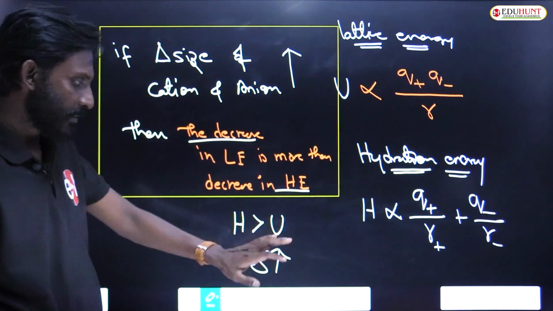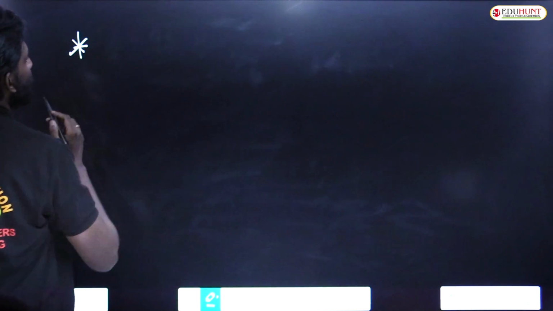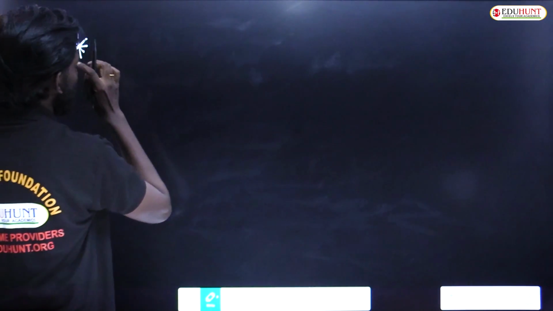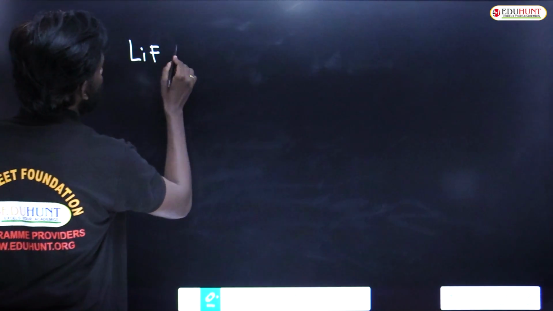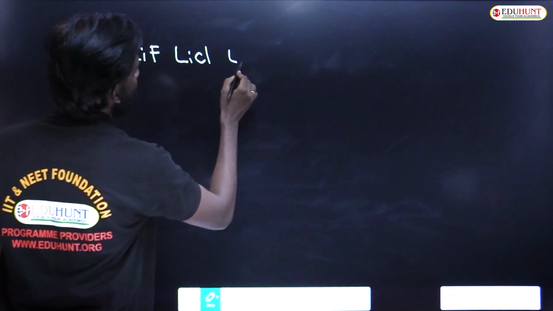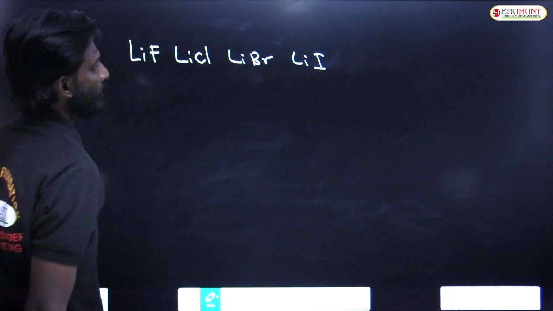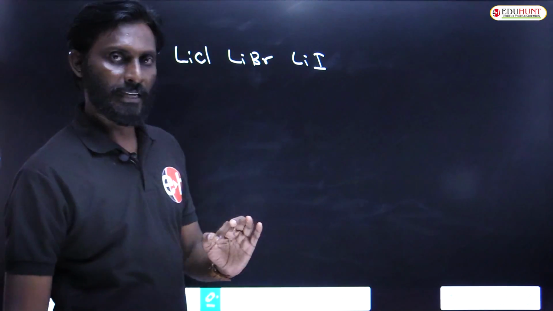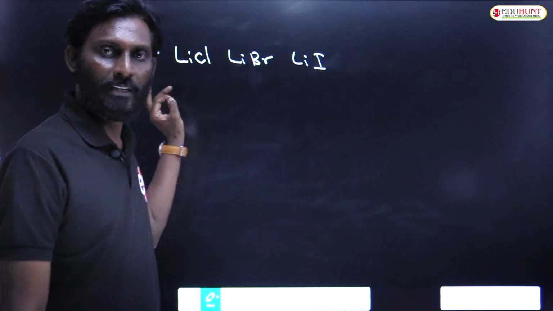Okay, let me apply this concept. Let us take an example of lithium fluoride, lithium chloride, lithium bromide, lithium iodide. First of all, you must understand which ion is kept constant in all these examples.